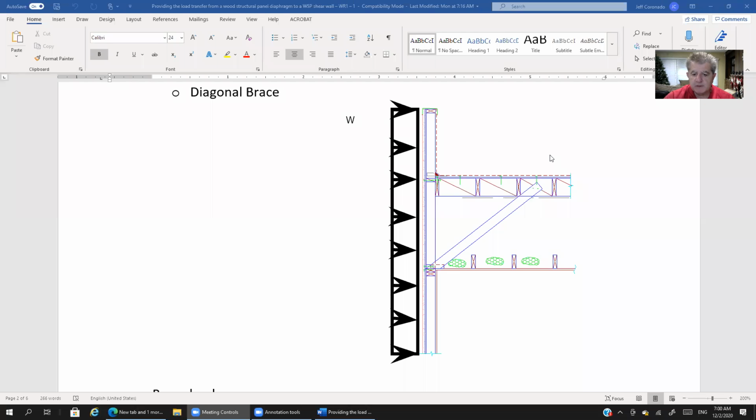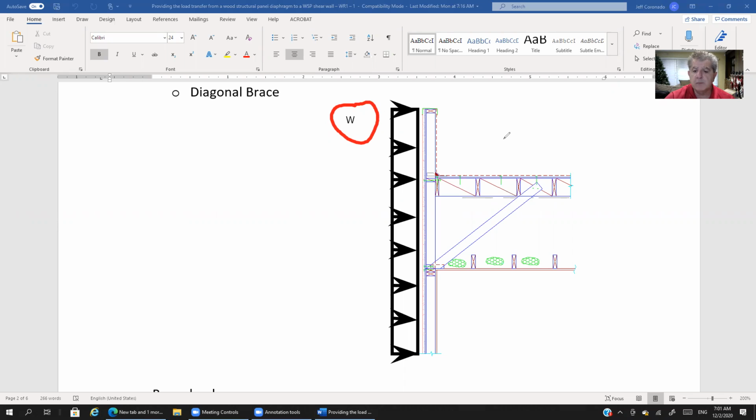Okay, so here I'm illustrating for you the wind forces acting on this wall in the direction that is out of plane to the wall. So we've labeled that here as W. And keep in mind that these forces are reversible, right?